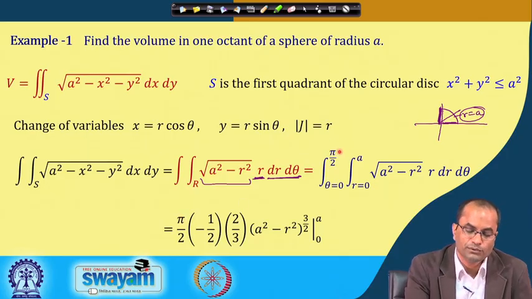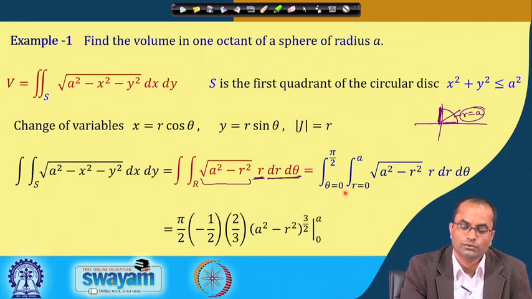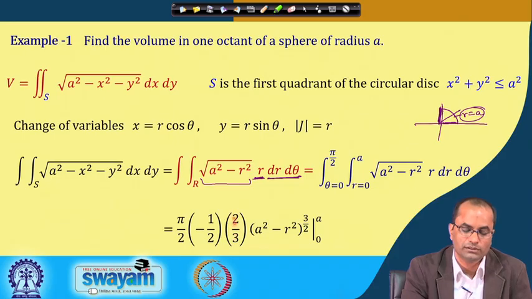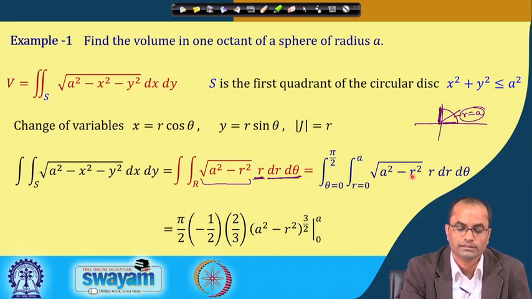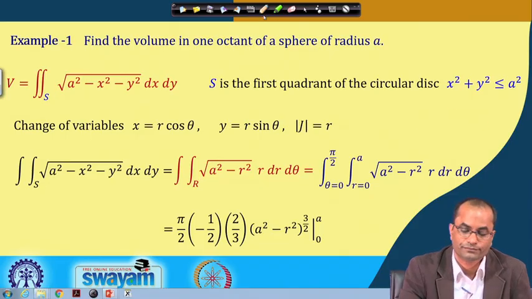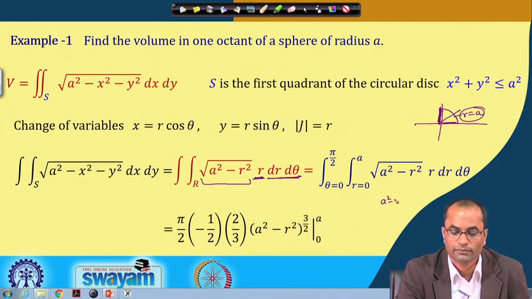So, we have pi by 2 finally from the outer integral, because there is no theta in the integrand. So, we will get pi by 2 from the outer integral, the minus half factor from the integral will come, and then the integral will be this 2 by 3 and a square minus r square power 3 by 2.